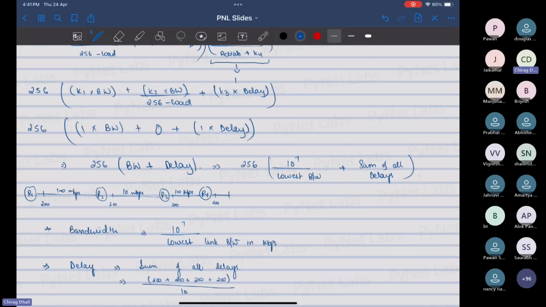So now if you get a question, what are the two default values which are considered in metric calculation of EIGRP, you can tell it is bandwidth and delay. And if they question more, how is bandwidth considered? We will define that it is considered as 10 raised to the power 7 divided by the lowest link bandwidth. This 10 raised to the power 7 is your reference bandwidth. Then similarly, if they ask how delay is used, it is considered as the sum of all the exit interface delays. Clear?